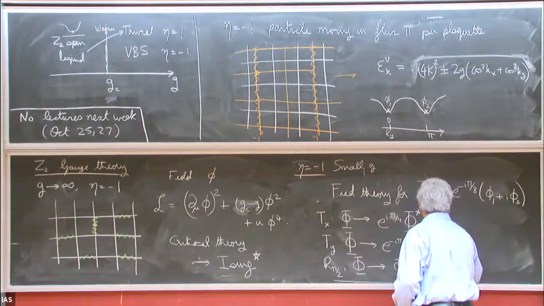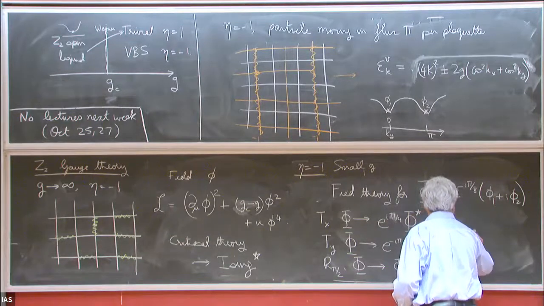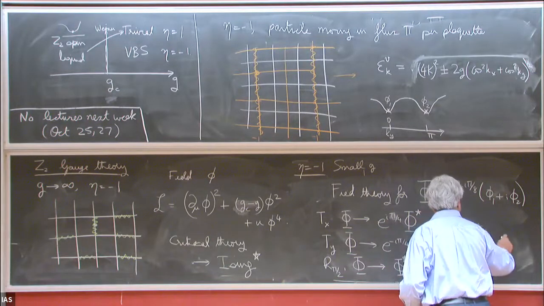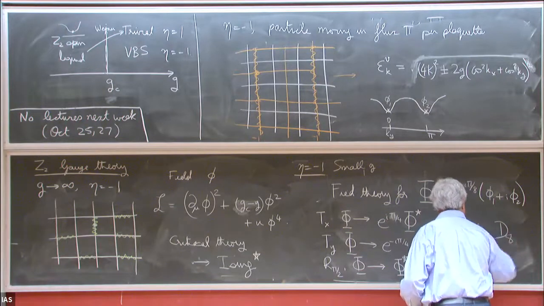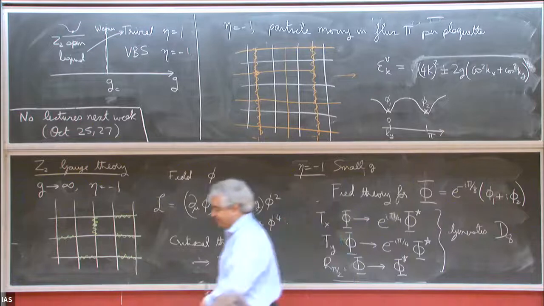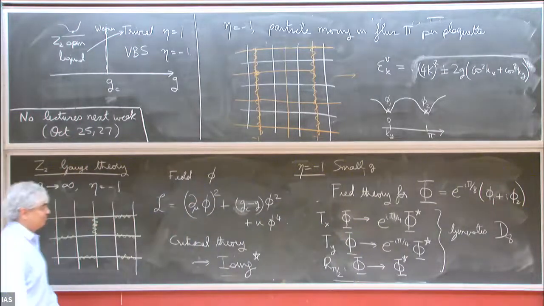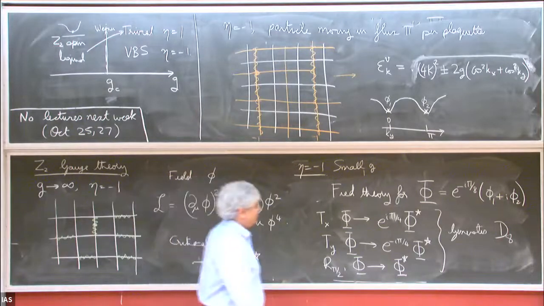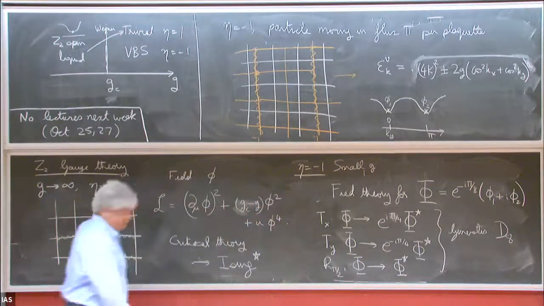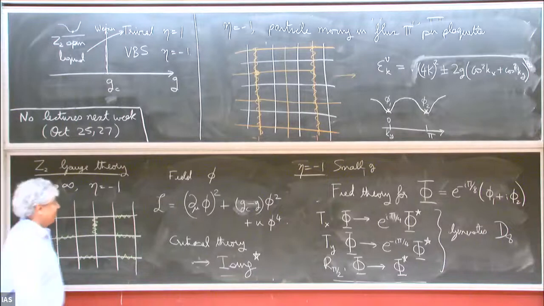So the full symmetry of the continuum theory in this pi language is the group D8. So that's the dihedral group of 8 elements. You can look it up in a group theory book, but you don't really need to know that to write down the field theory. So what is the field theory in the end?